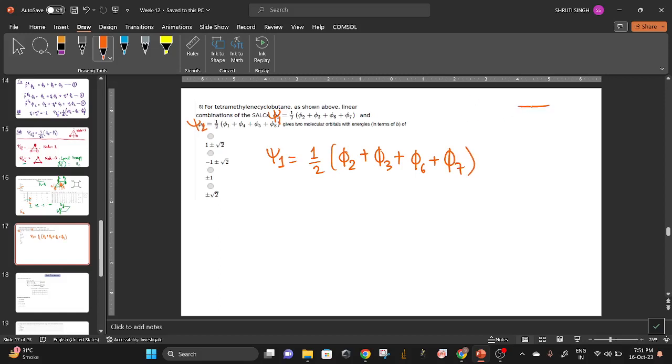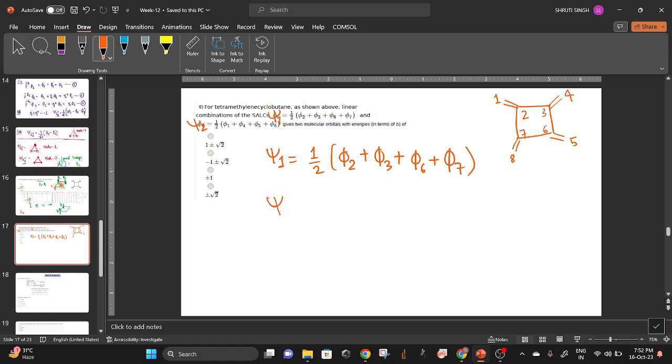Okay, 2, 3, 6, 7 means the inside ones. This is 1. This is 4. This is 5. This is 8. So these carbons, the double bond terminal carbons are 1, 4, 5 and 8.